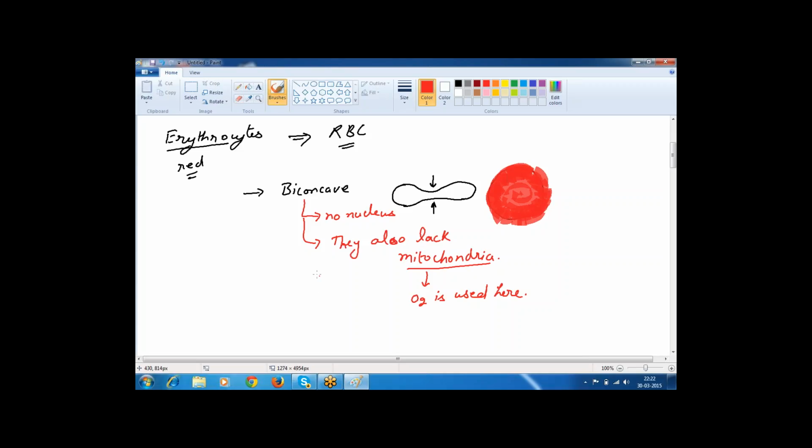So nature has created them in a way that they themselves don't use oxygen. They just transport it. So they themselves will not have any mitochondria so that they can use oxygen. So they will just transport oxygen. I hope that's fine with everyone.